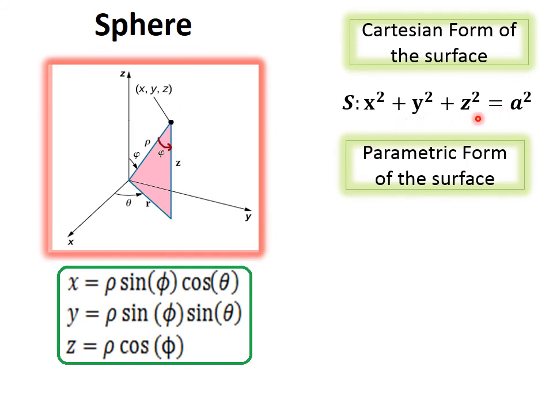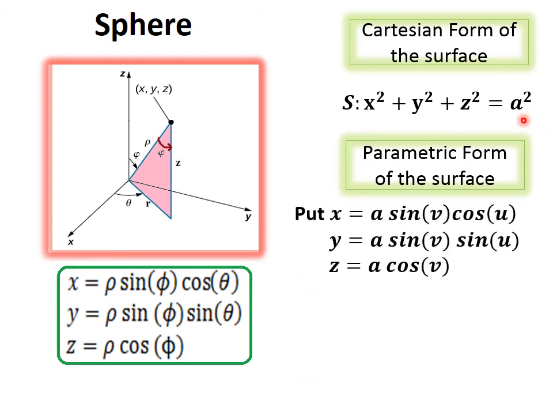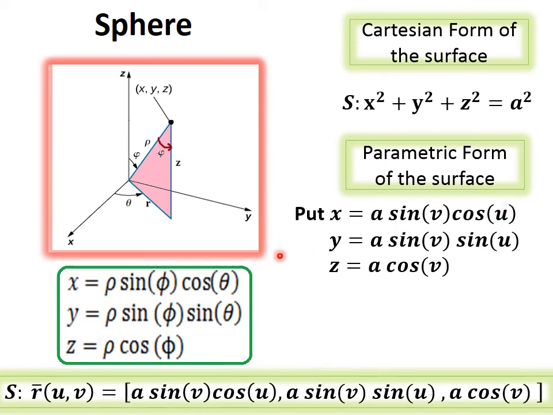To represent the surface sphere parametrically, in this transformation we have to fix the radial distance rho as the radius of the sphere, which is a. We get x equal to a sin v cos u, y equal to a sin v sin u, z equal to a cos v.